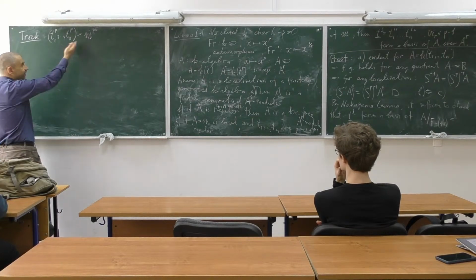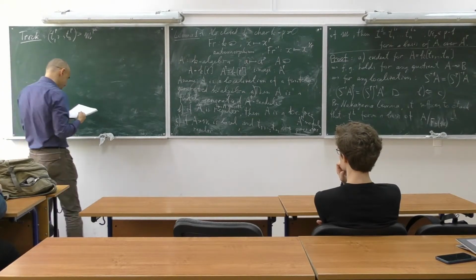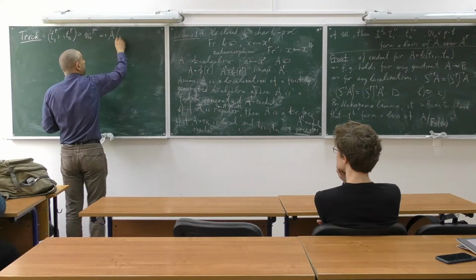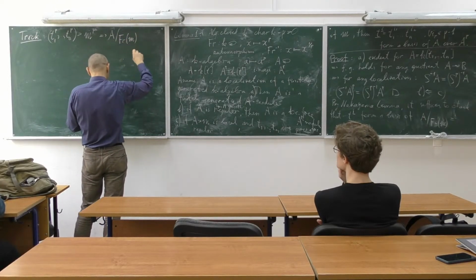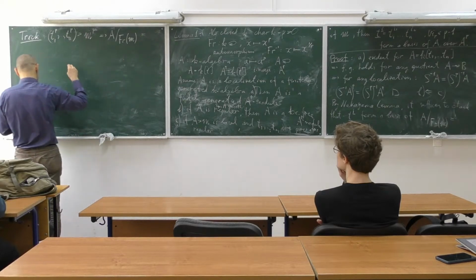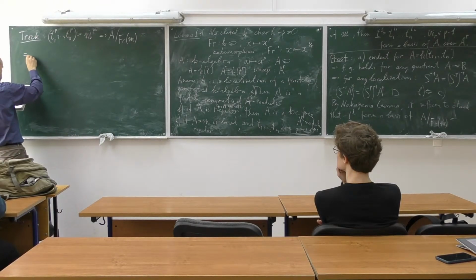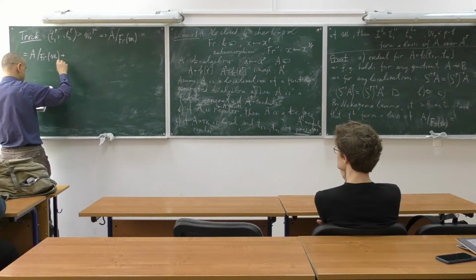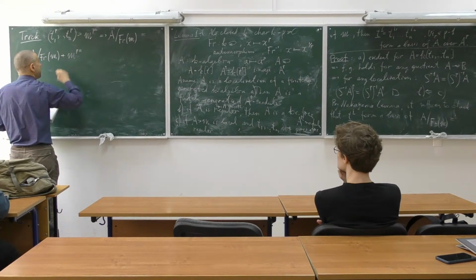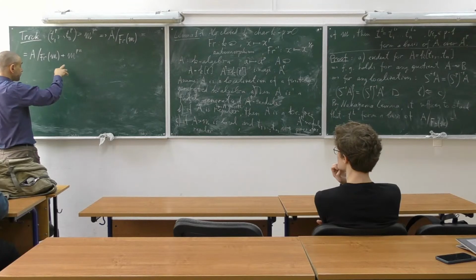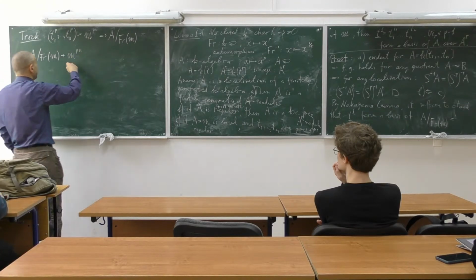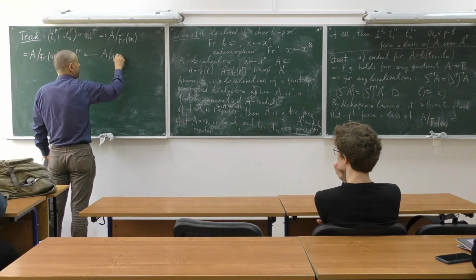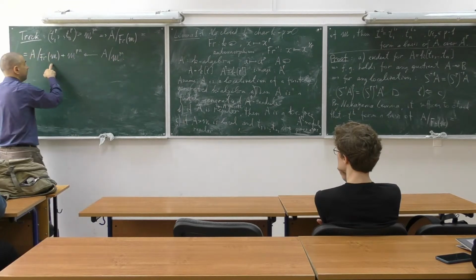Okay, so that's true, and it means that the quotient A modulo Frobenius of M is the same as the quotient A modulo Frobenius of M plus M to the power pn. And so it contains this, and hence there is a projection from A modulo M to the power pn onto here, right?